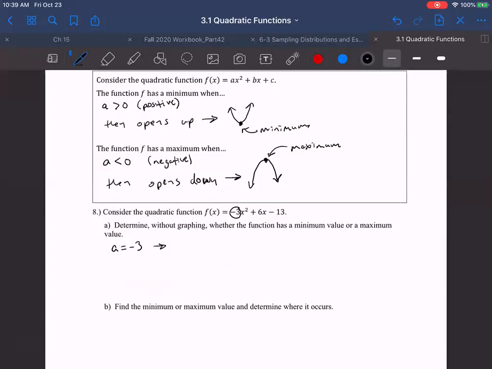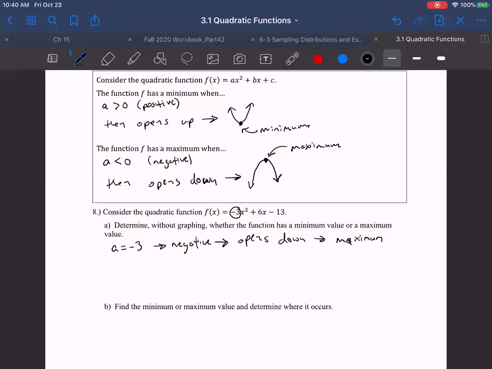Since it is negative, that means this opens down. And since it opens down, this function has a maximum. It has no minimum because this just continues on down to negative infinity forever when it opens down. But it doesn't ever go above that vertex point. So that vertex point becomes a maximum.